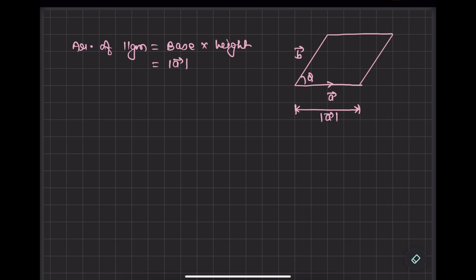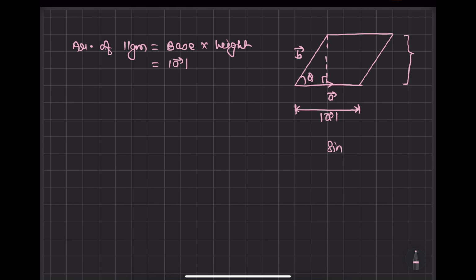Now for height we will drop a perpendicular. Suppose that we want this length. So this length will be height, correct? We have the hypotenuse, we want the perpendicular, and we have theta as well.